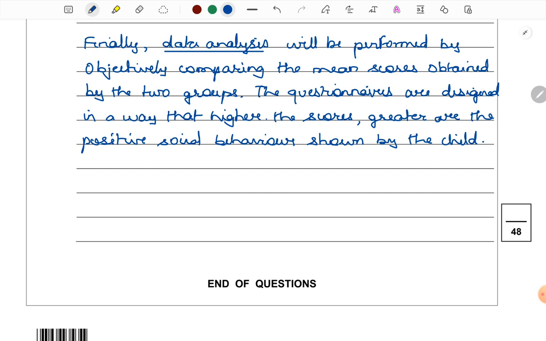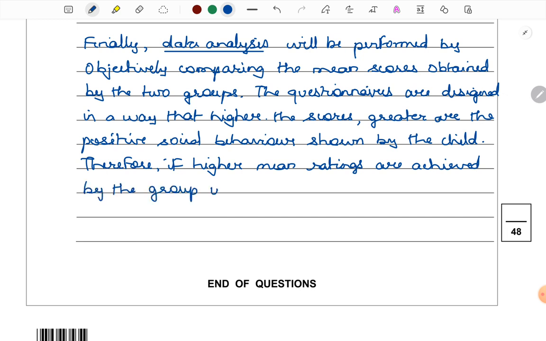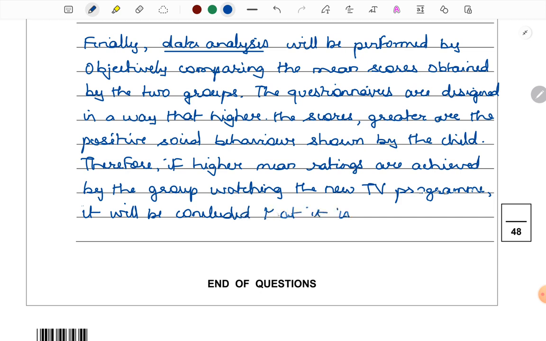Therefore, if higher mean ratings are achieved by the group watching the new TV program, it will be concluded that it is effective in increasing positive social behaviors in children.